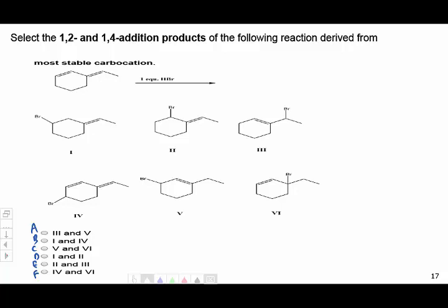The popular answer is C, and C is the right answer. So in here, I have an unsymmetrical conjugated diene, and I'm adding 1 equivalent of HBr. I'm asked about the 1,2 and 1,4 products from the most stable carbocation intermediate.